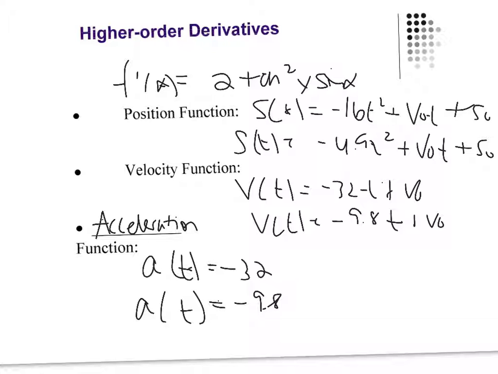So what's weird is that they're just values. And what happens with balls that are thrown in the air is that they're actually going to decelerate as they are moving up in the air. So that's why it's going to be those negative values.